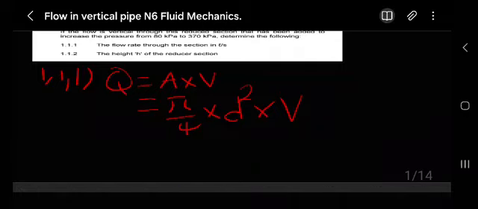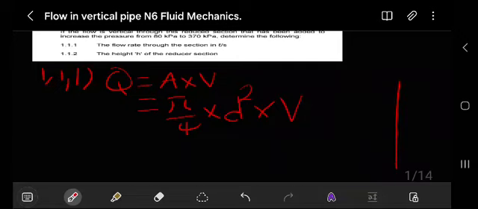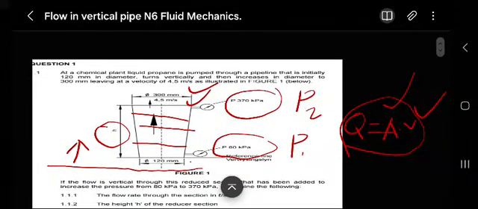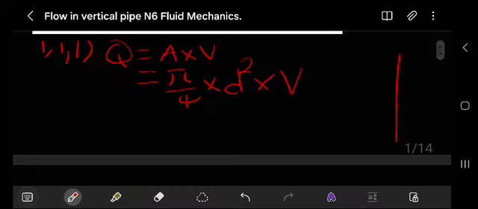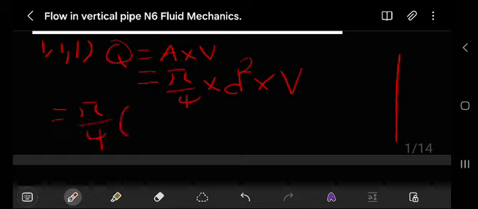So we know that the diameter here is 300 millimeter, divided by 1000 will be 0.3. Then we have the velocity. So this will be equal to pi over 4 into the diameter 0.3 squared.